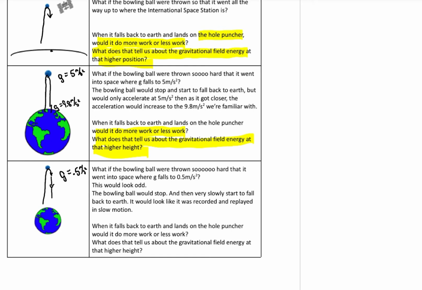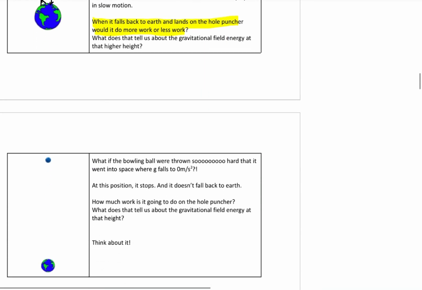It'll get back to 5. It'll get back to 9.8 when it's really close to Earth. It's going to smash into our hole puncher. We're ignoring air resistance, so it's going to obliterate our hole puncher. Is it doing more work or less work? I had to chuck it really, really hard. I gave it a whole ton of energy to get it that high. And then it does more work. You follow along, hopefully.